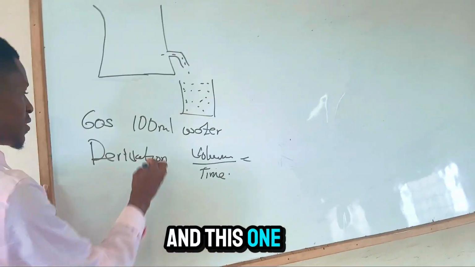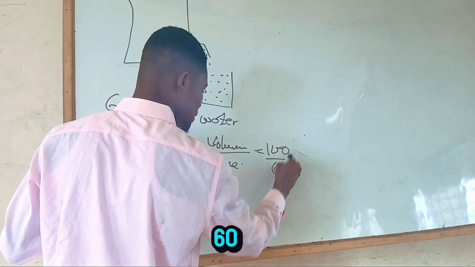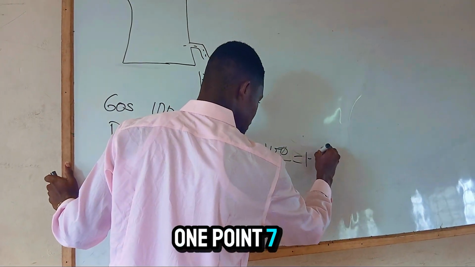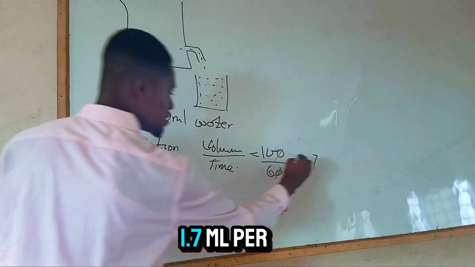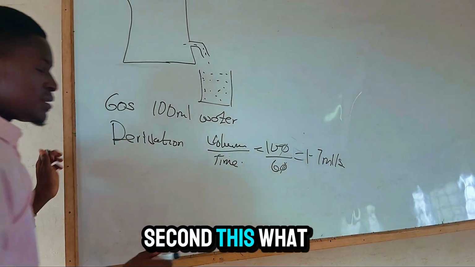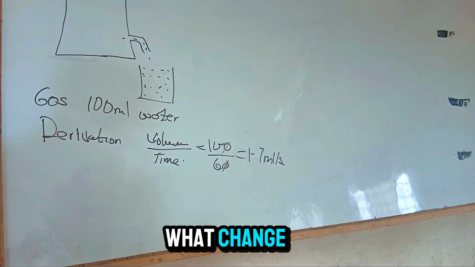And this is going to give us 100 over 60, which is going to be 1.7 ml per second. This is what we call derivative, the rate of change.